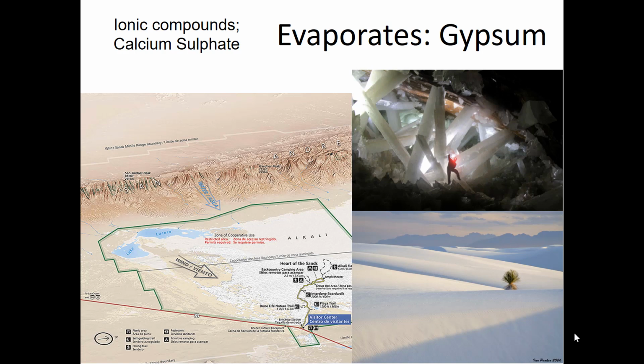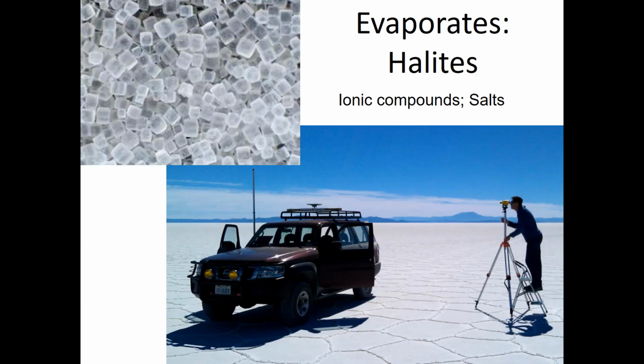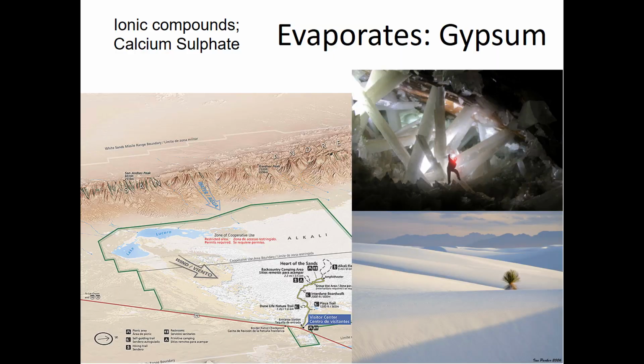Now, if it's on a lake bed, you'll just see a crust that's sort of clear and does not taste like your conventional salt, but will be a bit more bitter. But if this crust gets blown, it can create some beautiful white sand dunes, such as these seen at White Sands Monument in New Mexico.